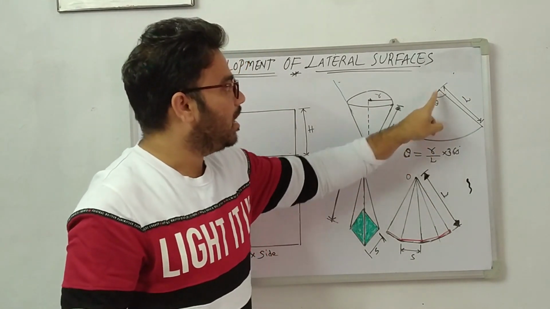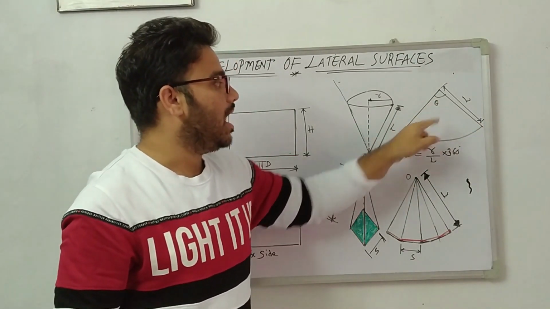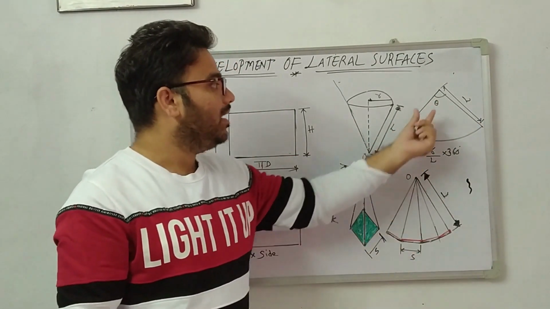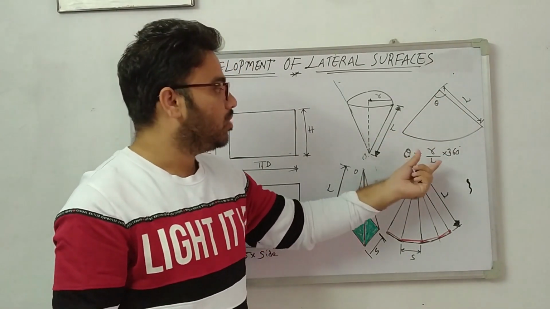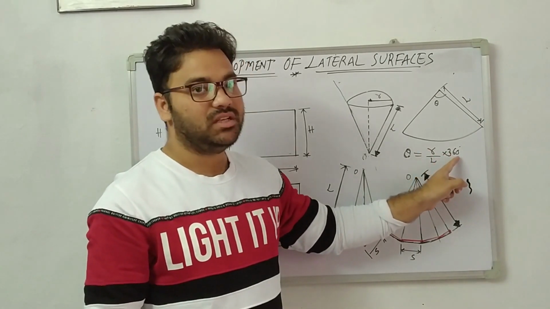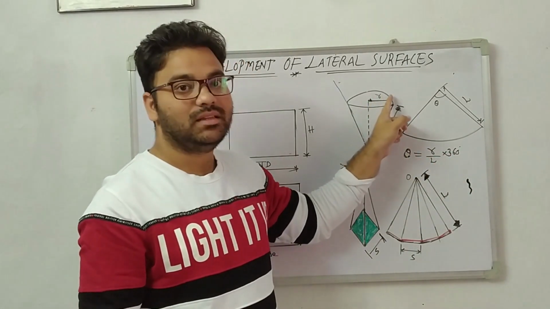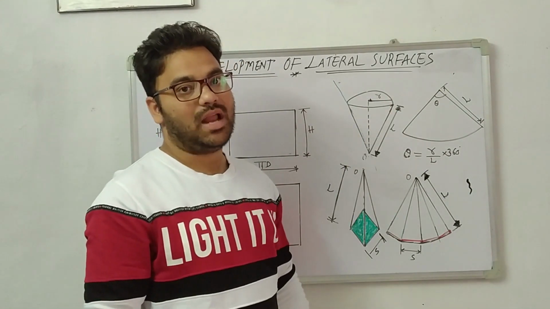This is the length, the slant height or slant length, and it is making an angle theta. To find out theta, the angle between these two slant lengths, you can determine it by theta equal to R by L into 360 degrees. Here R is nothing but the radius of the cone and L is nothing but the slant height or slant length.